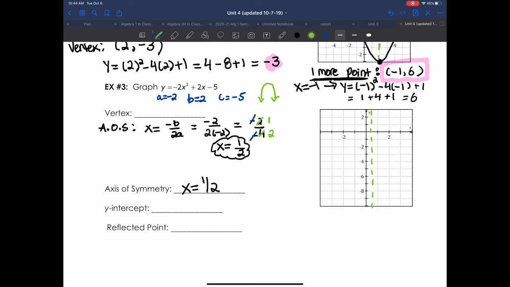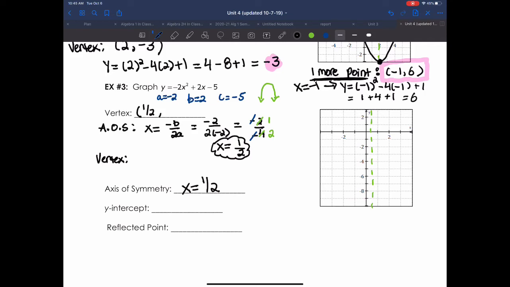Okay, so now I have to figure out what my vertex is. And obviously I know that the x-coordinate of my vertex is literally just going to be whatever that axis of symmetry is. So I'm going to put for my x-coordinate 1/2. And then I have to plug 1/2 in to figure out what my y value of my vertex is going to be. Okay, so if I'm looking at my vertex, I already know that x is equal to 1/2.